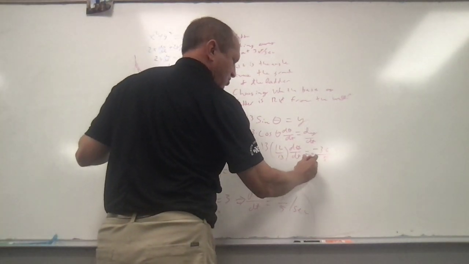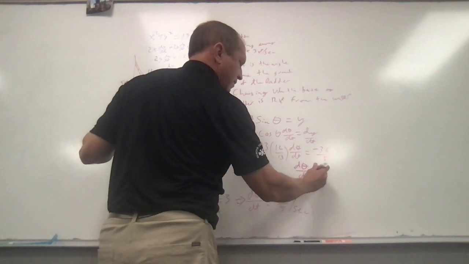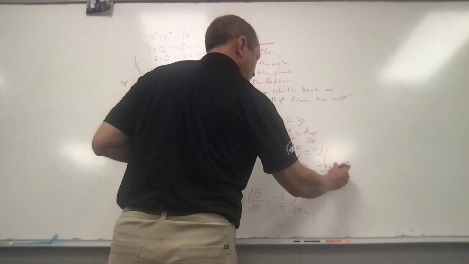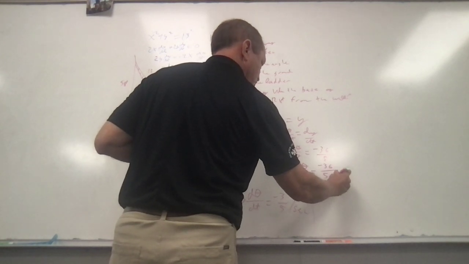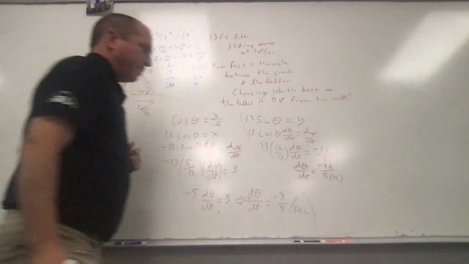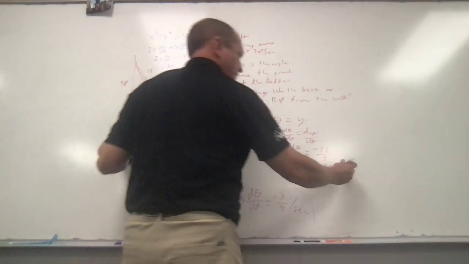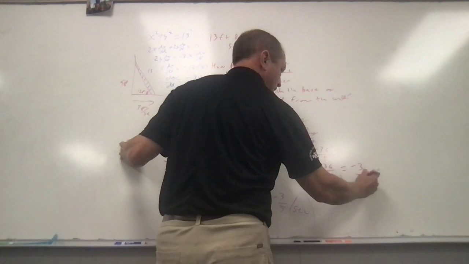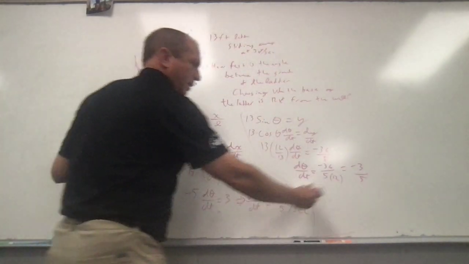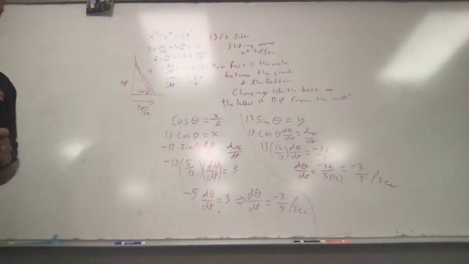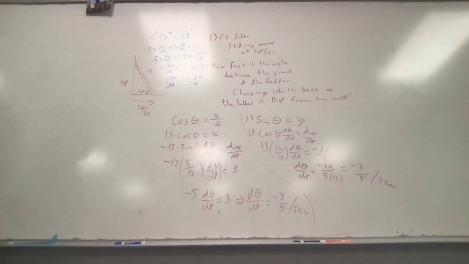So we get d theta dt equals negative 36 over 5 times 12. And of course, 12 goes into 36 3 times. So we still get negative 3/5 here, which is exactly what we got over here when we used cosine. So whichever way you choose to work it, you should get the same answer.